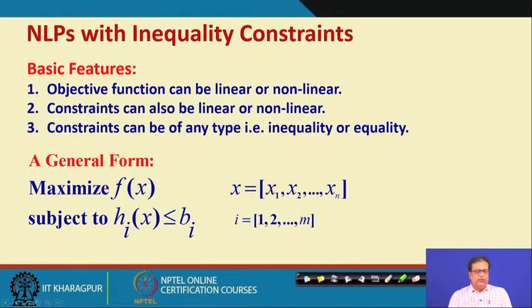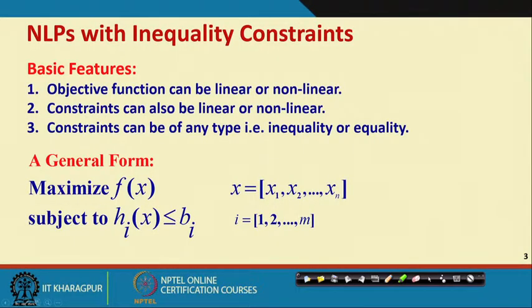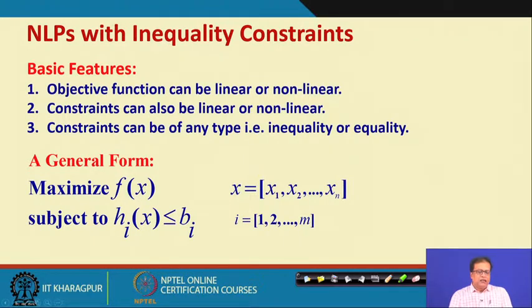First of all, let me tell you right in the beginning that for all the conditions and discussions we are going to have, we shall assume the nonlinear programming problem is available in the general form, that is maximize f(x), where x has several variables x1, x2 to xn, subject to conditions h_i(x) less than or equal to b_i, where i is 1 to m.